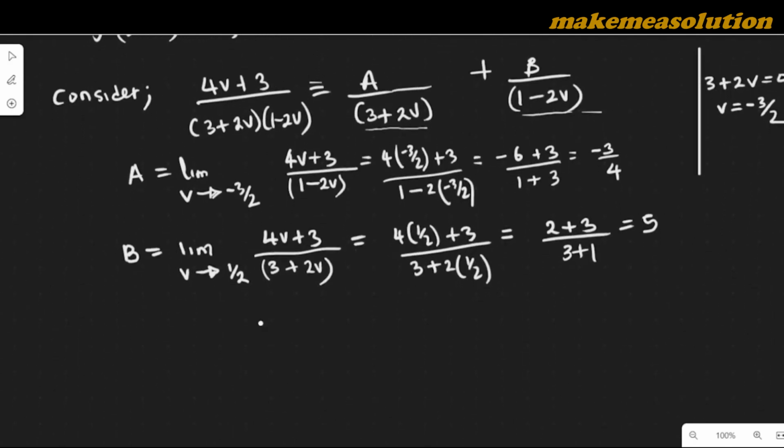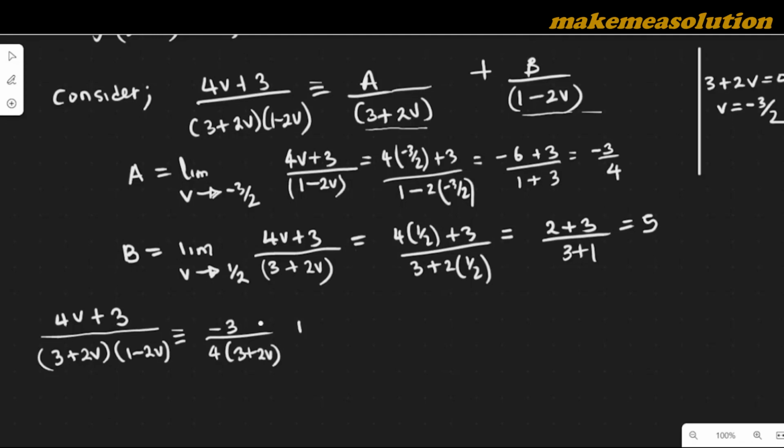So anytime I see the fraction 4v plus 3 all over 3 plus 2v, then 1 minus 2v, I can still say that this fraction corresponds to negative 3 over 4 into 3 plus 2v, then plus 5 over 4 into 1 minus 2v. Okay, so let's see where this leads us to.